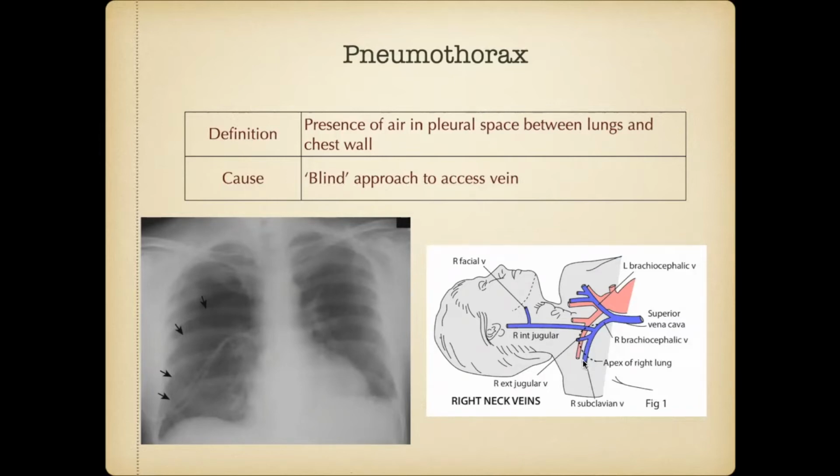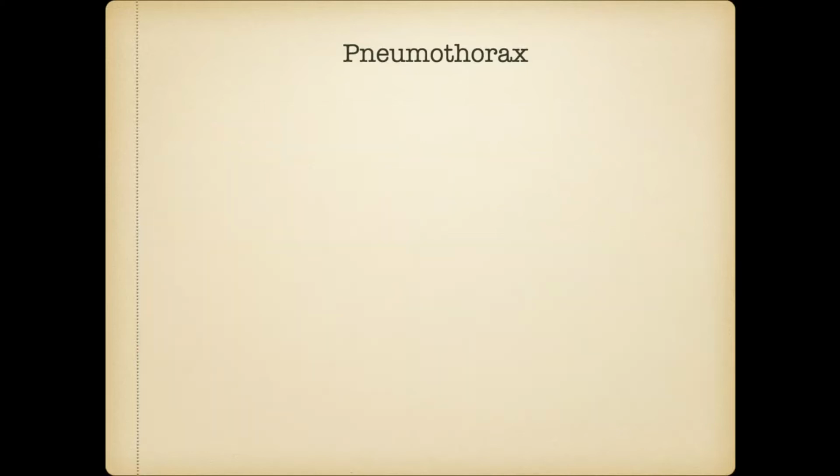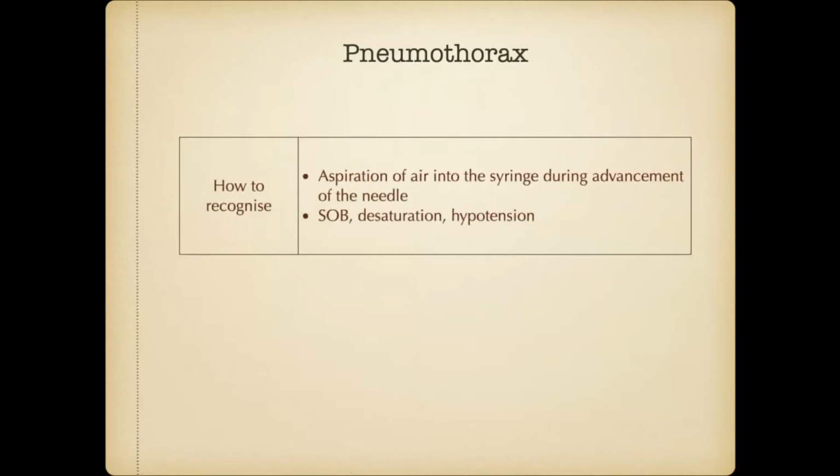This is especially when the needle was placed a bit too low towards the apex. And if using ultrasound guidance, the risk is even higher with the out of plane approach rather than the in plane approach. So how to recognize it?